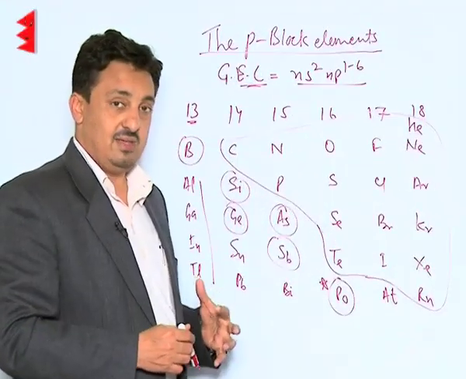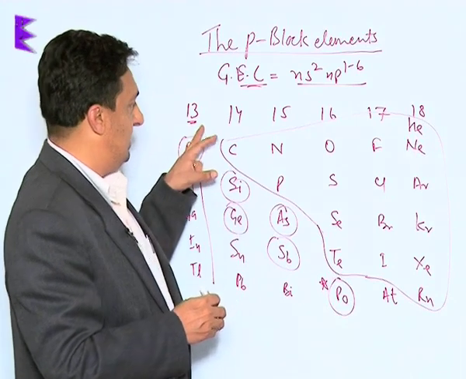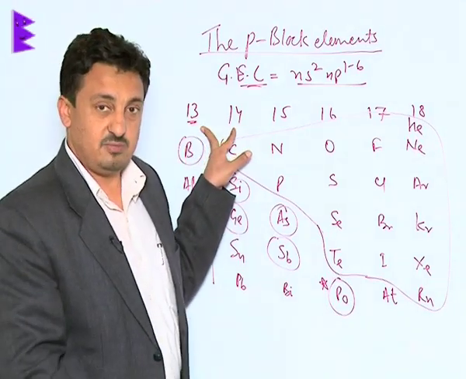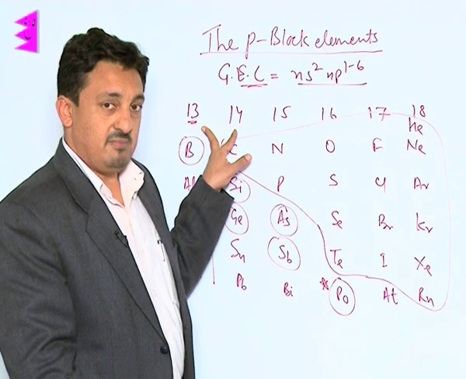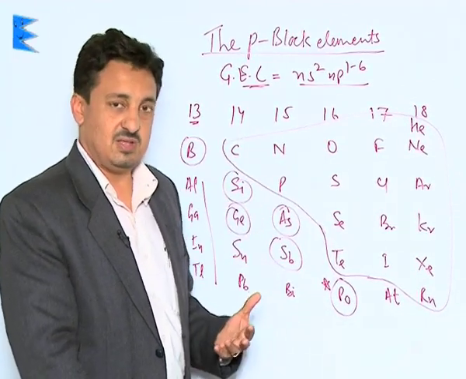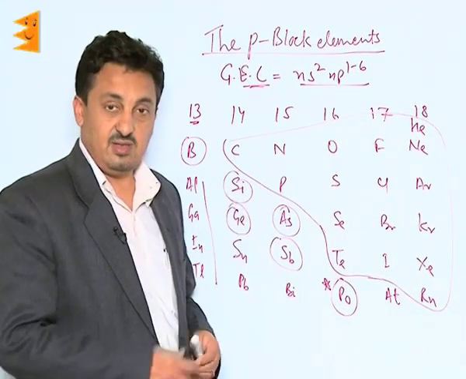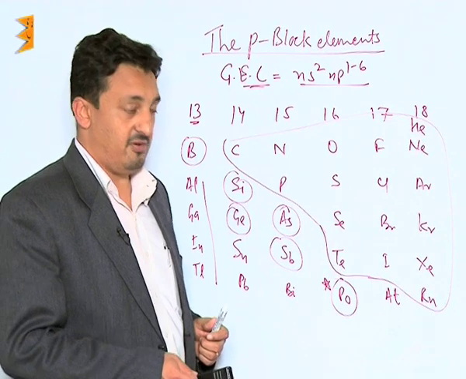So the properties change drastically in these elements. In our syllabus, in the CBSE system, in class 11, we have only the 13th and 14th groups, and 15, 16, 17, and 18 you will do later in class 12th. But we have to know at least in general what makes these elements more interesting.